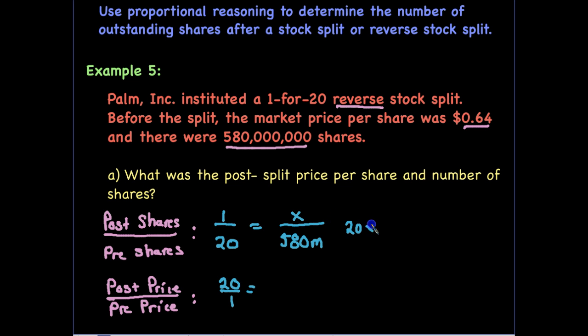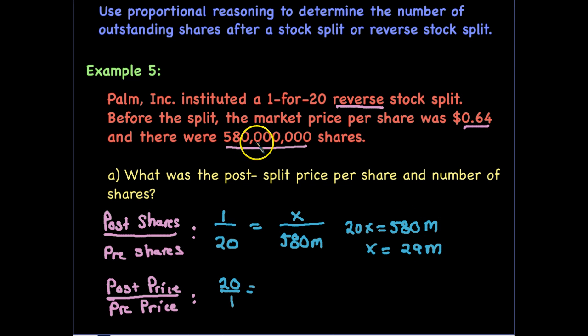Once again, we will cross multiply. So I just took 580 million and wrote it as 580m. When we solve for x, which means we divide both sides by 20, we get 29 million shares.